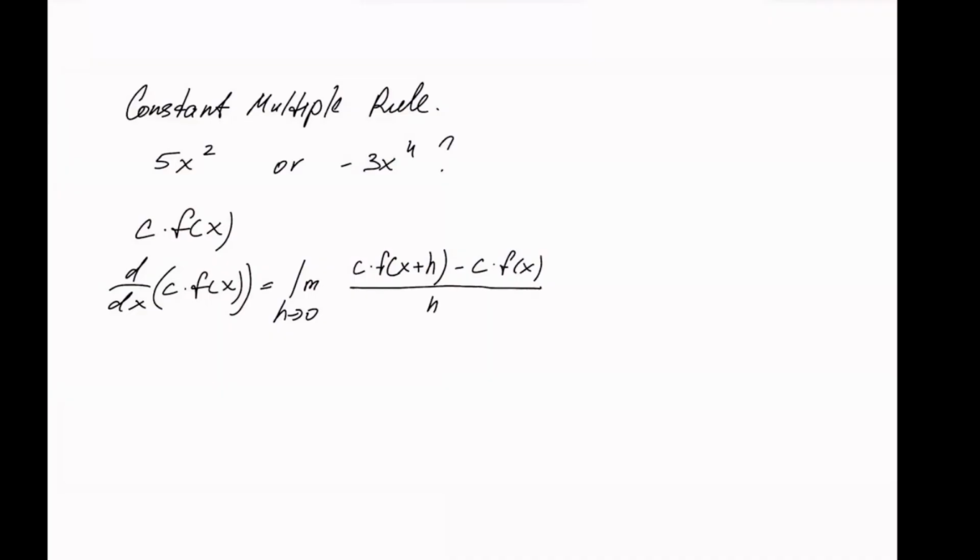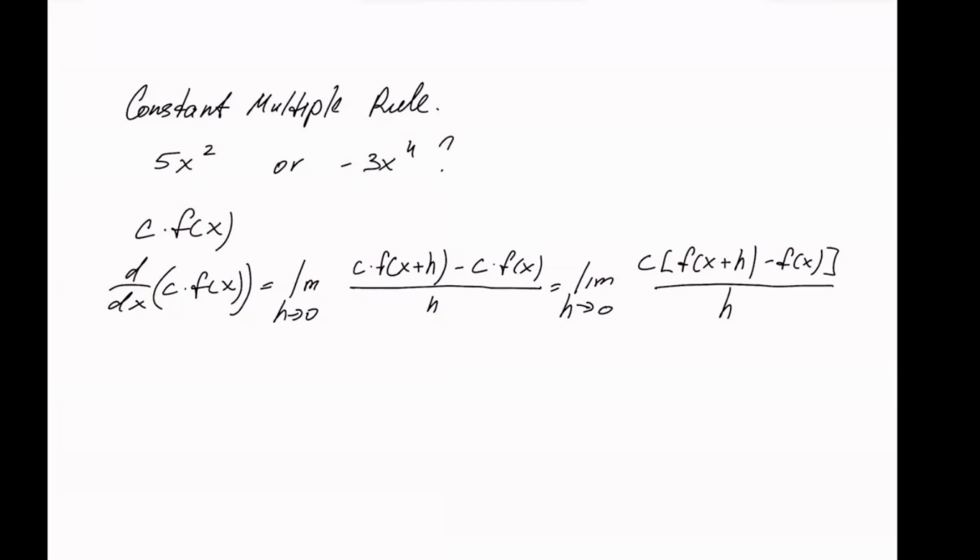over h. We can factor out this c, and we will have the limit as h approaches 0 of c times f of x plus h minus f of x divided by h.